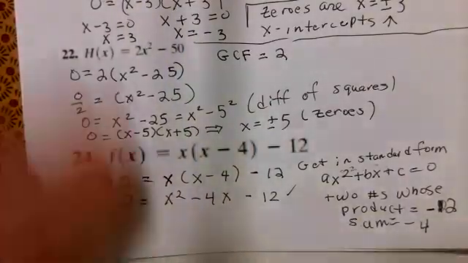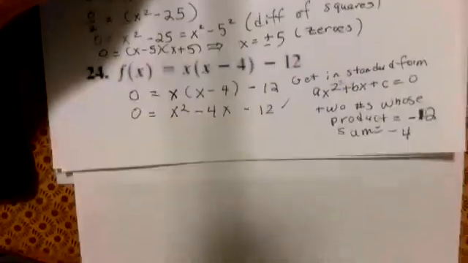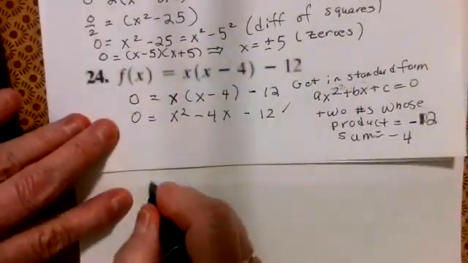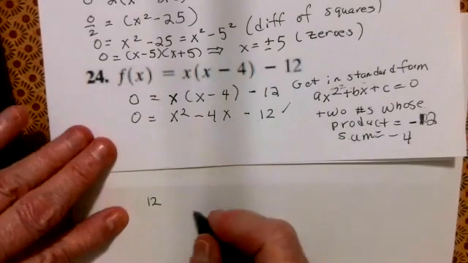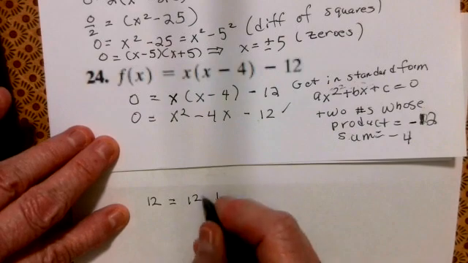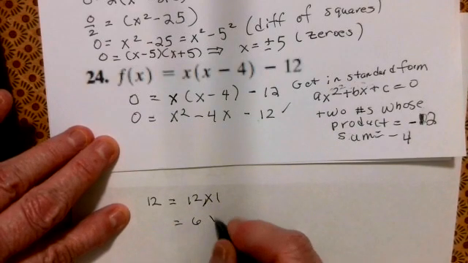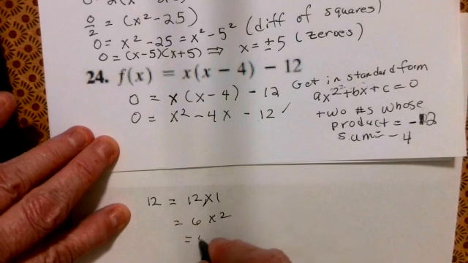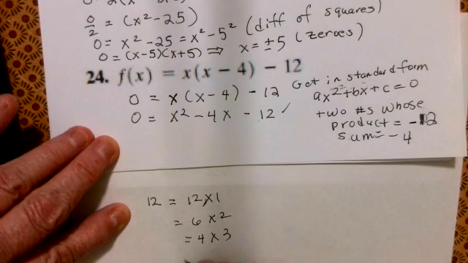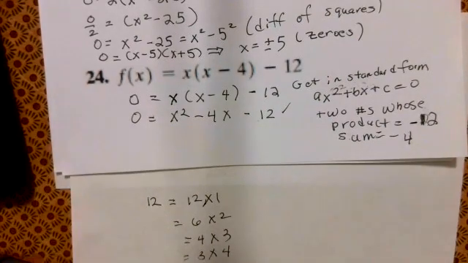Anyways, we want the product to be minus 12 and the sum to be whatever the coefficient is in the middle. So we need to think of 2 numbers who have a product of negative 12 and a sum of negative 4. If you need to, you can just write it out. You could figure out the factors of 12. It's 12 times 1, 6 times 2, 4 times 3, and then it's 3 times 4, and you can stop there because you've got all of them.